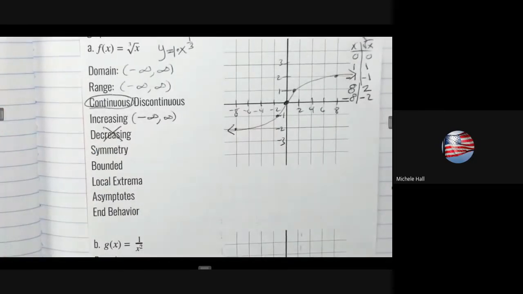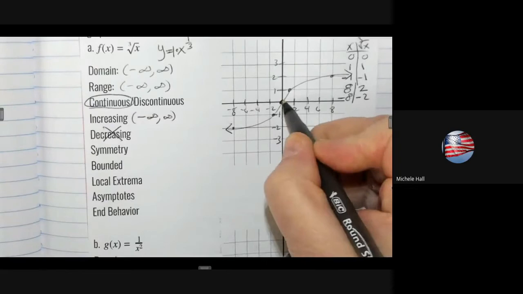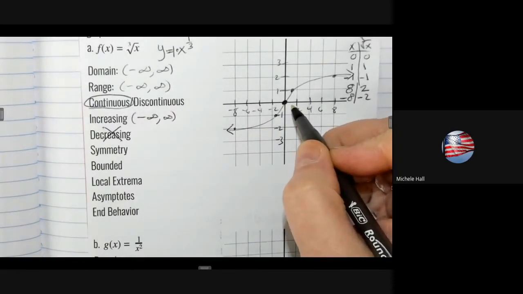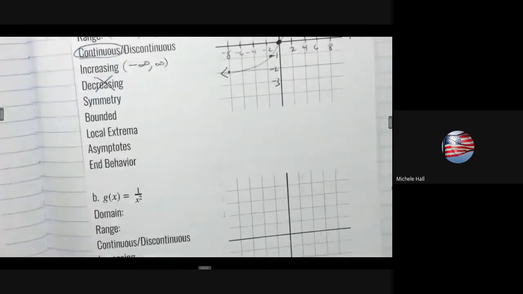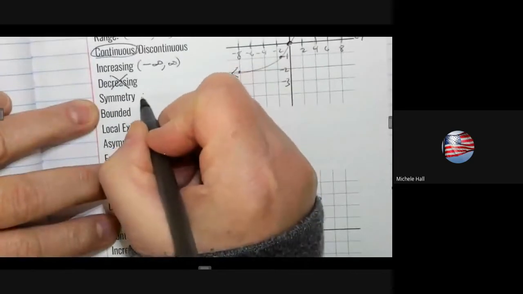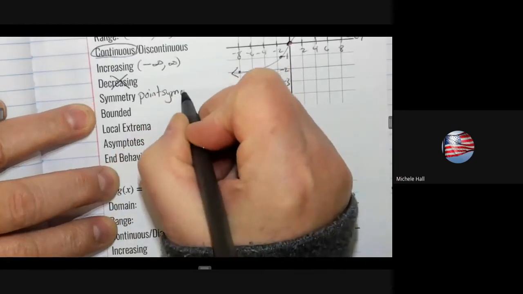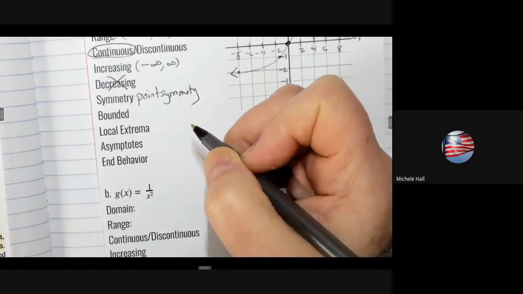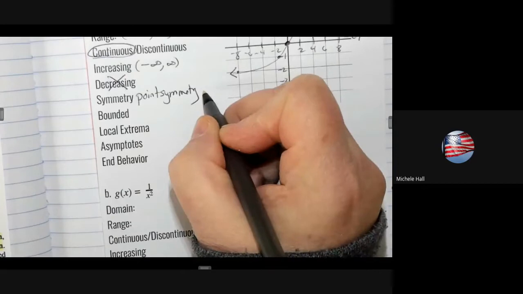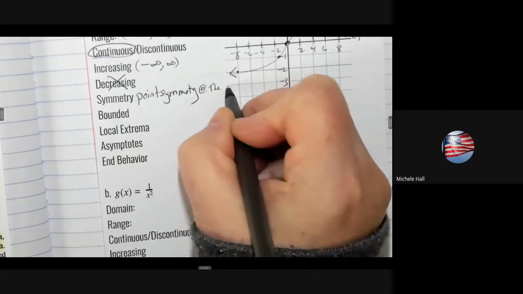Does this have symmetry? I would say that it has symmetry about the origin. So if I was to rotate it 180 degrees, it better look just like this. Rotate it 180, it looks just like this. It's still increasing. So yes, this has point symmetry at the origin.